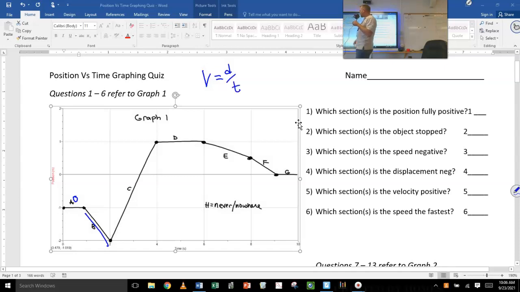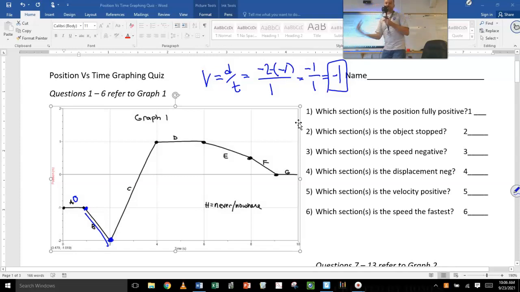So you can find your displacement here. It's your final position minus your initial position over the time it took. So -2 minus -1 is -1 over 1. So my velocity for part B is -1. It's just the slope. That's how I'm calculating. It's your rise over your run.